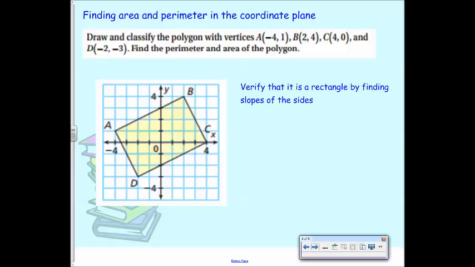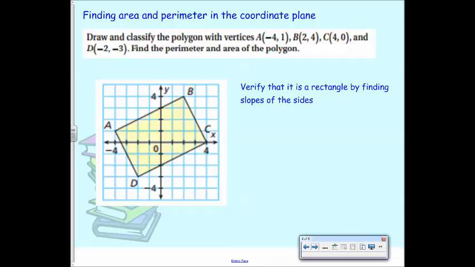Sides. If it's a rectangle, the opposite sides should be parallel and equal. How do you know if lines are parallel on the coordinate plane? They have the same slope. Good. So if I want to verify that it's a rectangle, we would just find the slopes of the sides to confirm that they're parallel, and then also confirm that they're congruent.